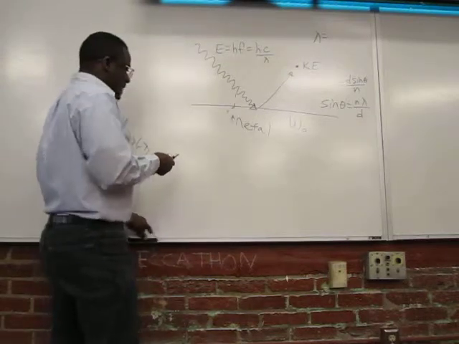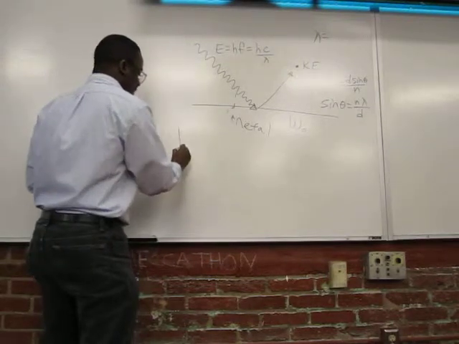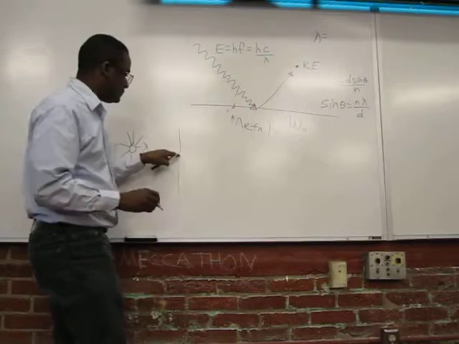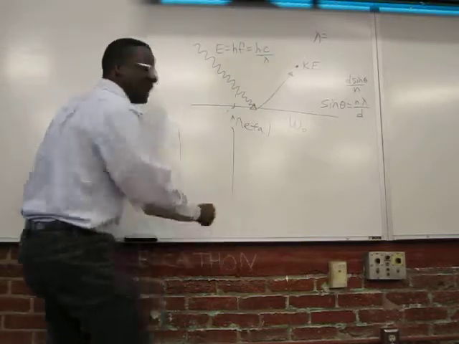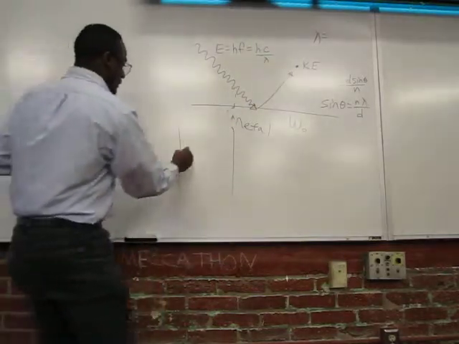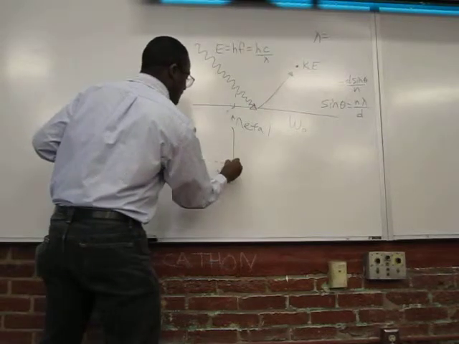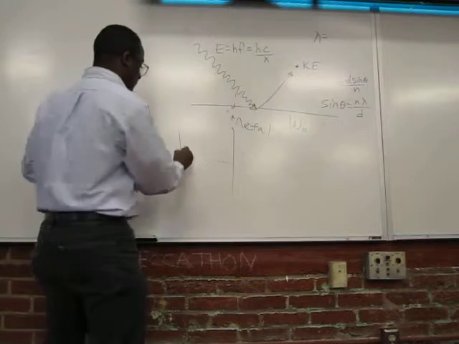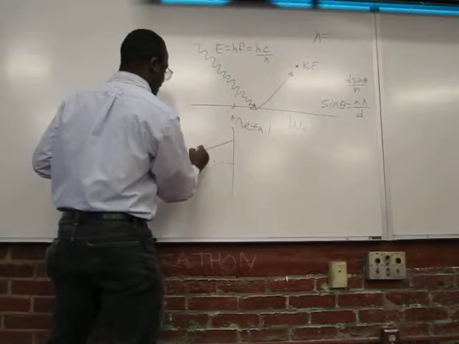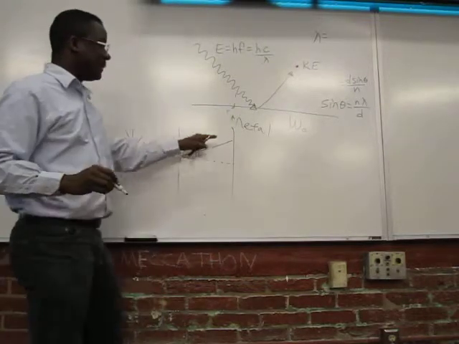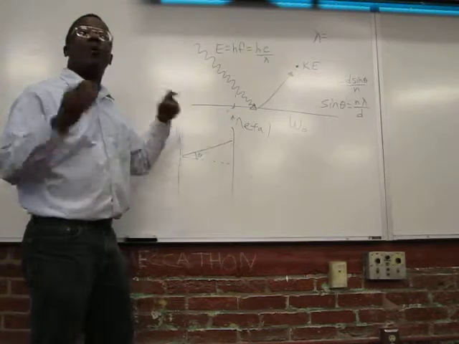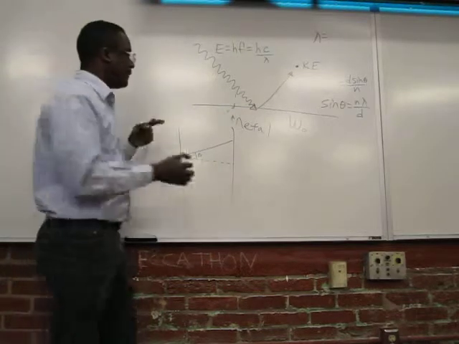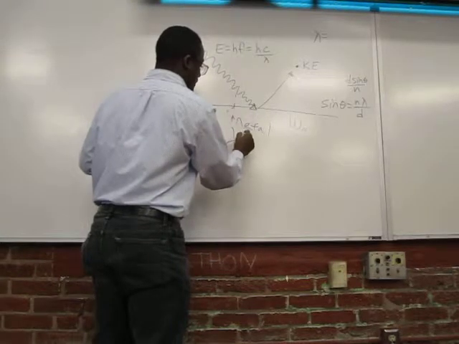Just imagine that these slits are so small that they're really, really close together. We're kind of zooming out. This is a line going directly from the double slits to the wall. And this is an angle indicating where on the wall we're looking.